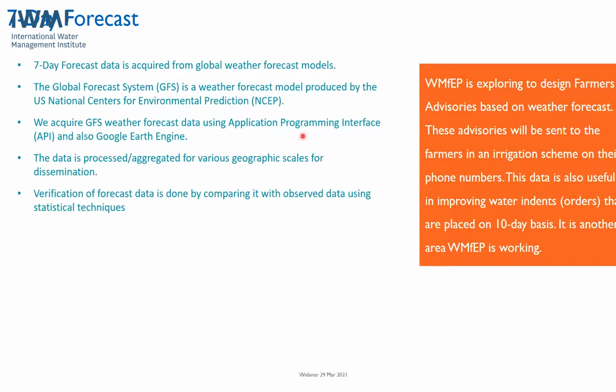These are called application programming interfaces, APIs, to some commercial and also free of cost data available on the internet. We are also using Google Earth Engine recently for downloading this data directly from the NOAA website and GFS institutions in US.